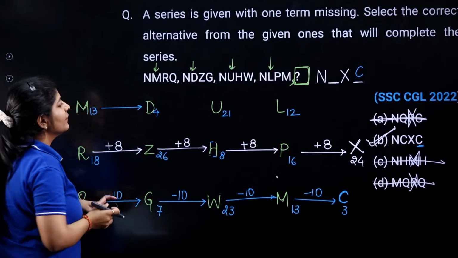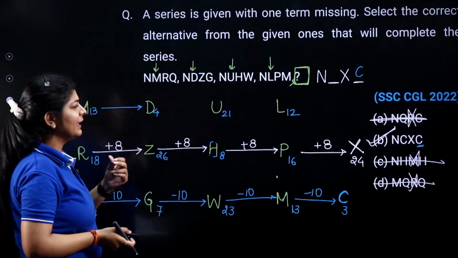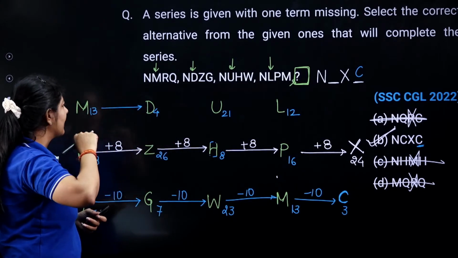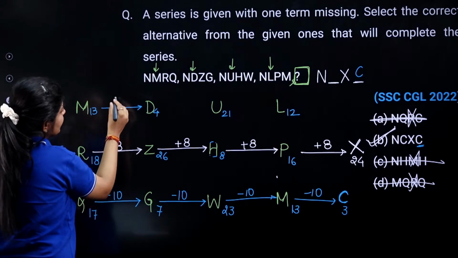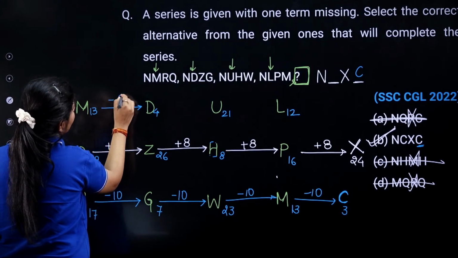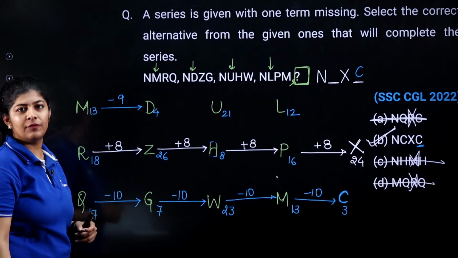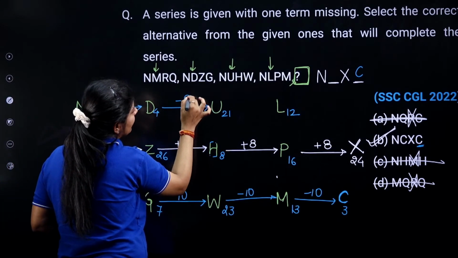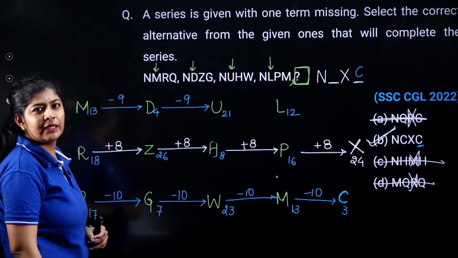If I need to convert this one, we can go either way. We can go in the plus or in the subtraction. So if I subtract 9 from this one, we are getting 4, right? Again if I subtract 9 from this one, we are getting 21.